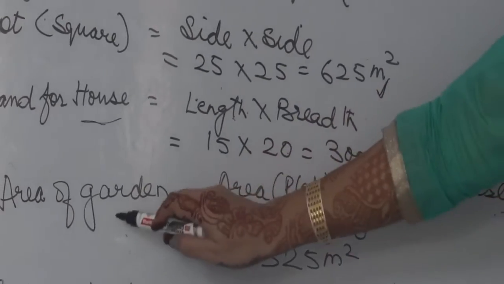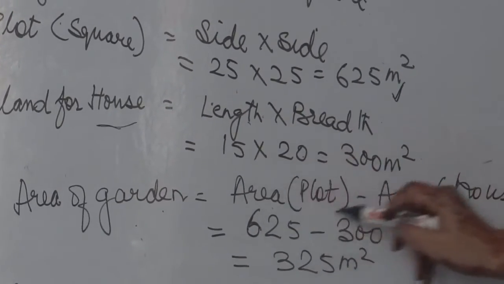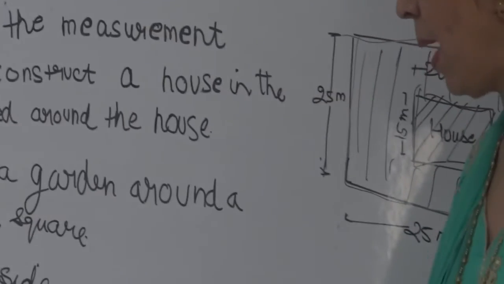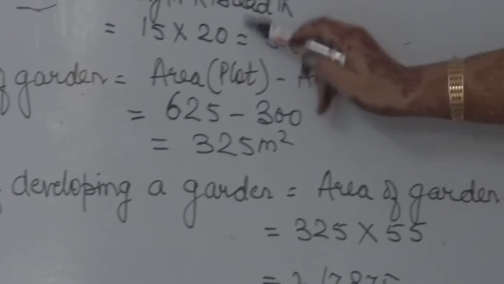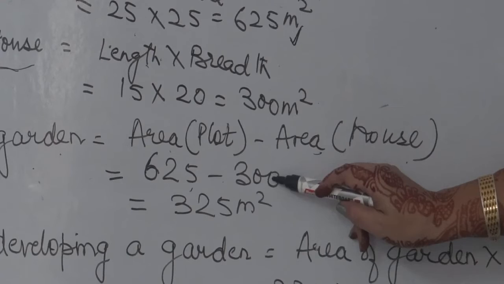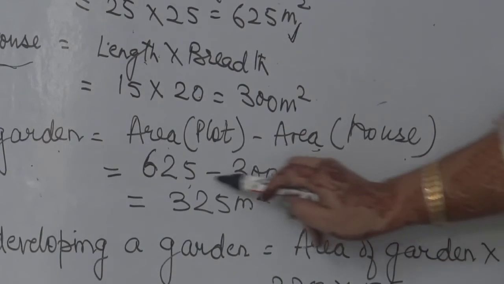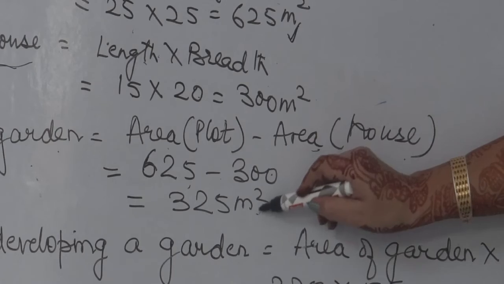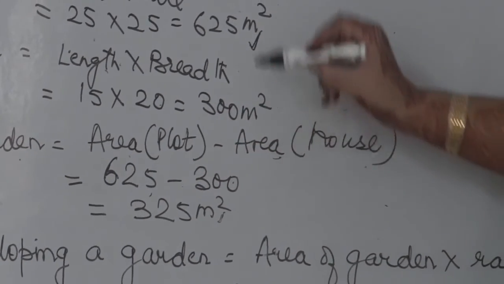Now we come at area of garden. Area of garden will be the total plot area minus area used for making the house. That is, we write 625 minus 300. That's the area of the house. We get 325 meters square. But this area is to be converted into garden. Now, cost of conversion is given here.